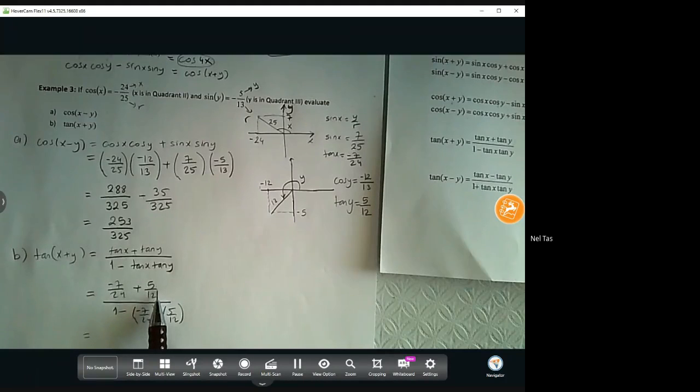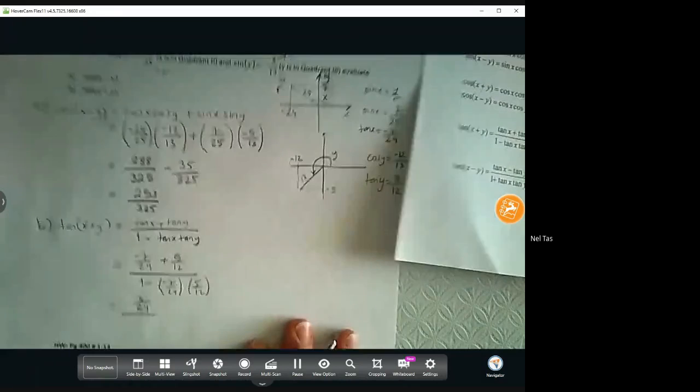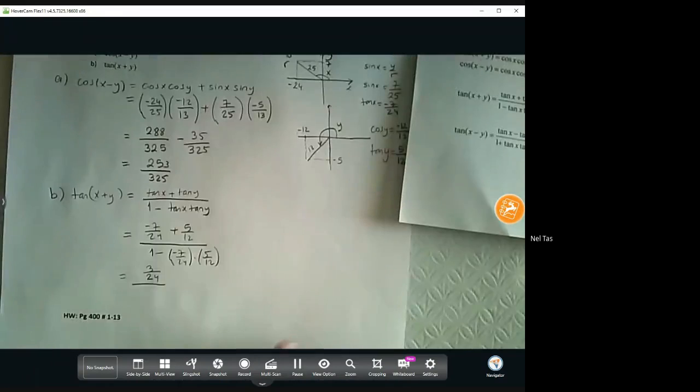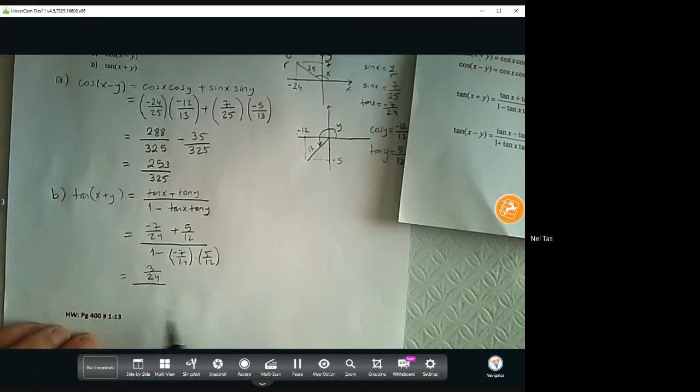Multiply this by 2, so you get 10 over 24. So 3 over 24 is in the numerator. And in the denominator, you get 1 plus 35 over 288. So you end up with 323 over 288.